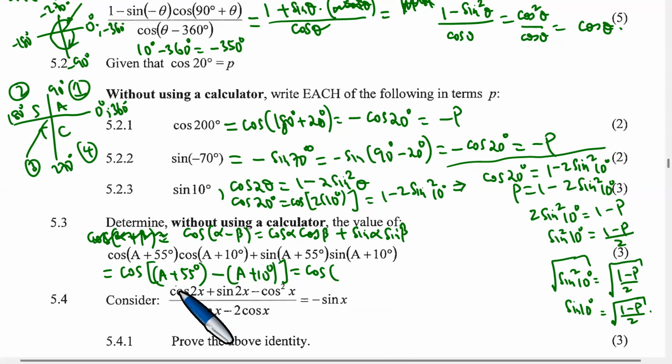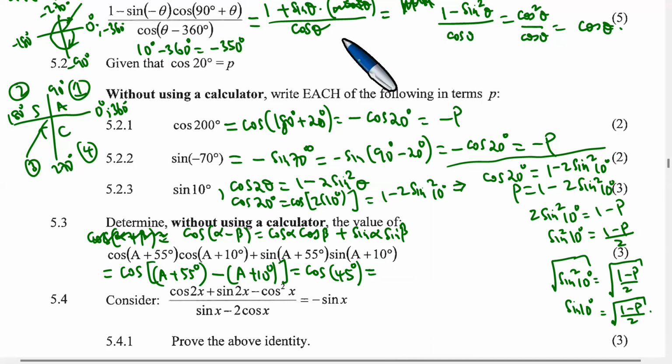Cosine. So we have A minus A becomes 0. 55 minus 10 is 45 degrees. So what is the cosine of 45 degrees? You can use your calculator.